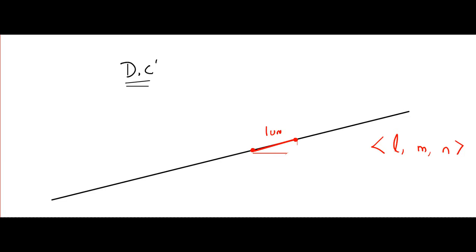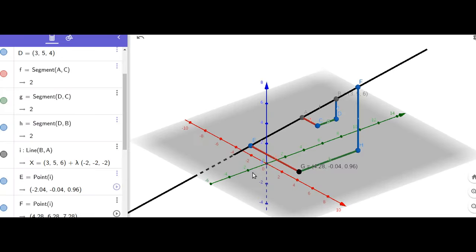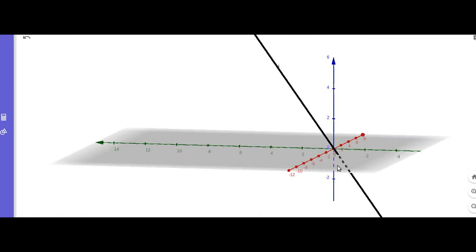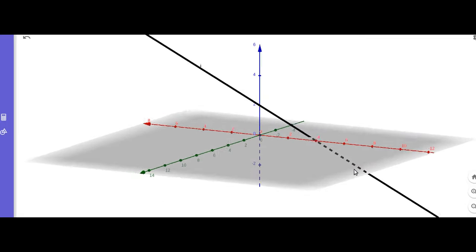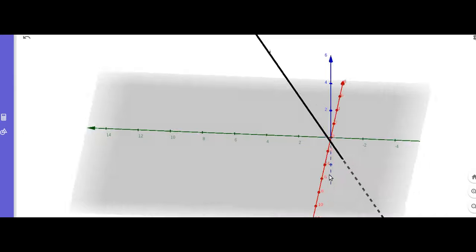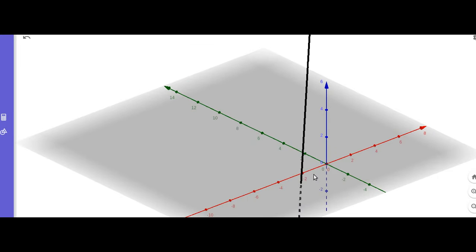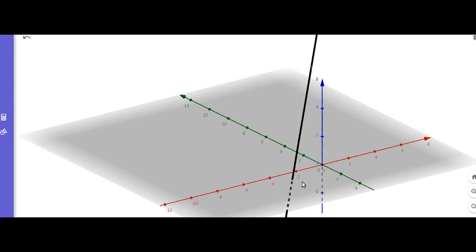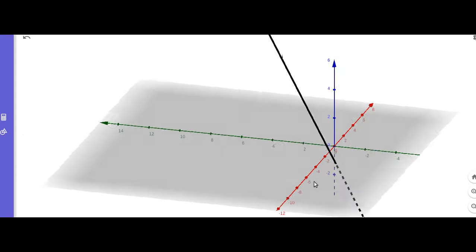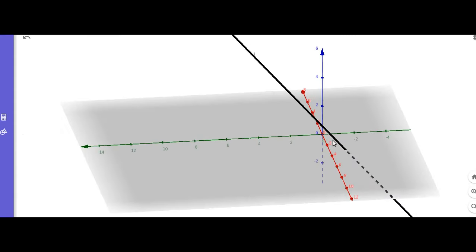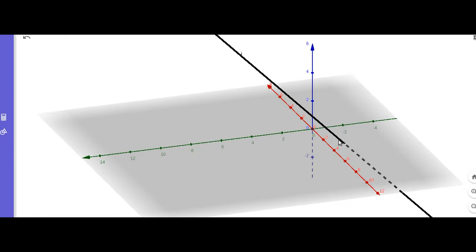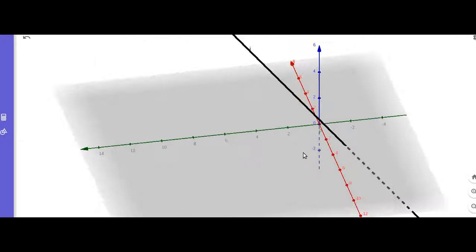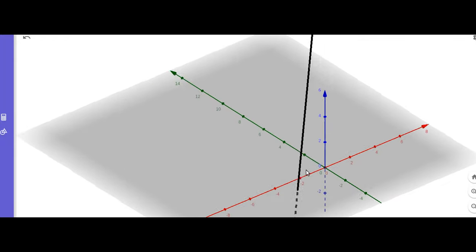Because, okay, I'll show the calculator. Look at this. Even though our line is not touching the x-axis or the y-axis or the z-axis, you must remember there is an angle between the line and the x-axis. And actually that is obtained by projecting, you just take the line and put it on top of the x-axis, or you move it in a parallel manner.